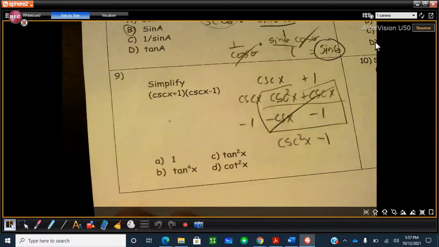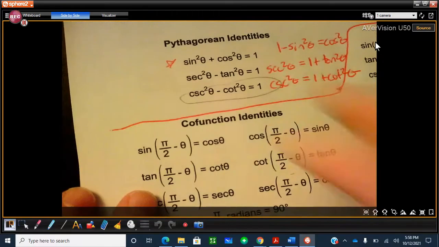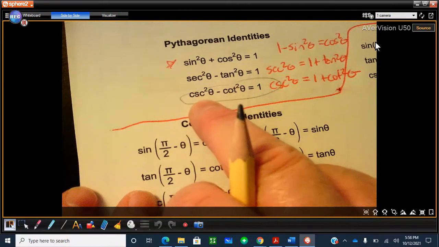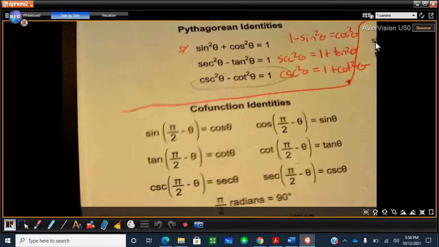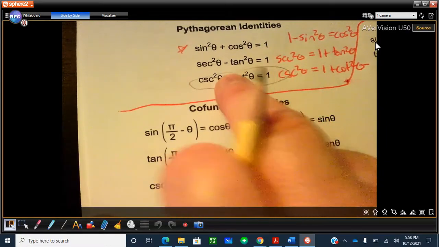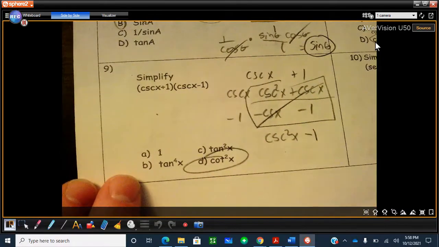And you're like, man, which one is that? Well, if you look over here, cosecant squared minus 1, if I pull this 1 over here, and if I move this cotangent to the other side, I would get cotangent squared, and so the answer is D. And again, you could type 20 in and then find the match.